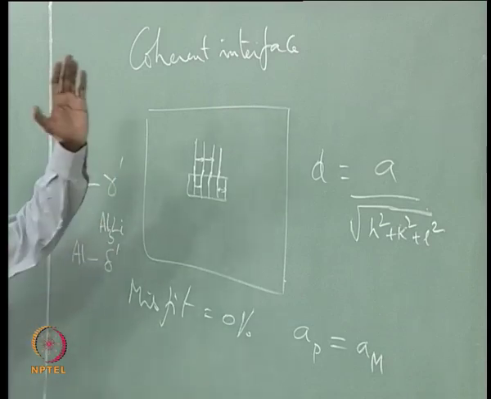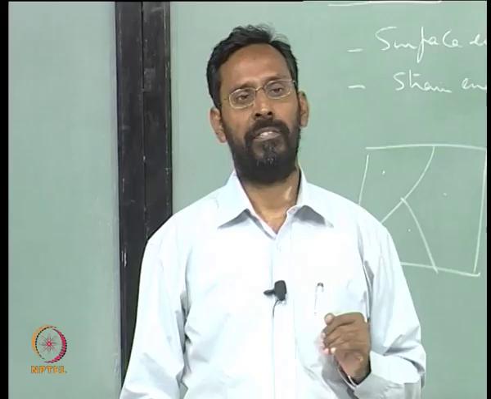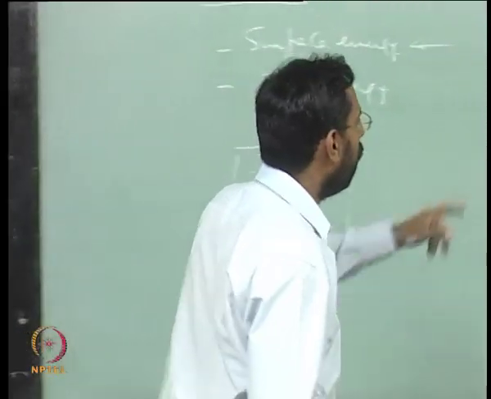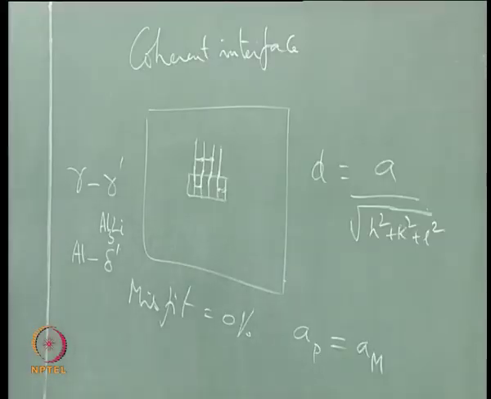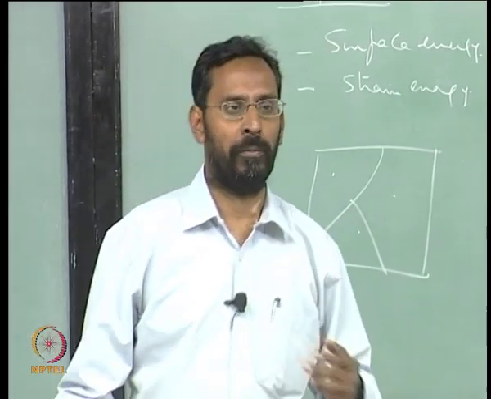In order to maintain the continuity, the atomic planes will have a kind of strain that comes in, because there is a bending of the atomic plane at the interface, and that causes what is called coherency strains. In order to maintain the coherency, the system tends to have some kind of a strain, and this strain can be accommodated up to a certain value.